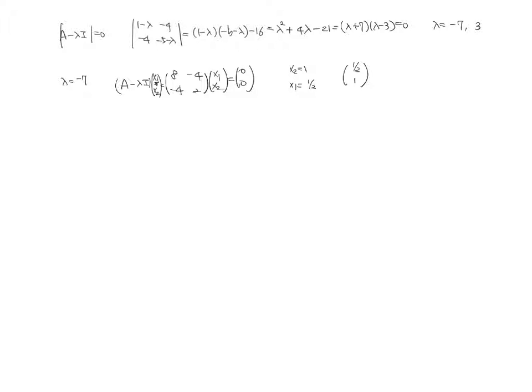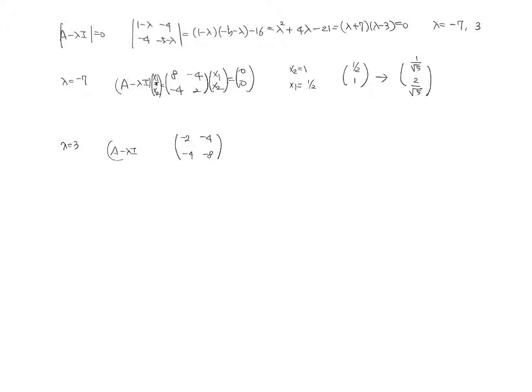Since we need a vector of length 1, we can normalize this vector to get 1 over square root of 5 and 2 over square root of 5. Okay, and when lambda is 3, A minus lambda identity becomes [-2, -4; -4, -8].